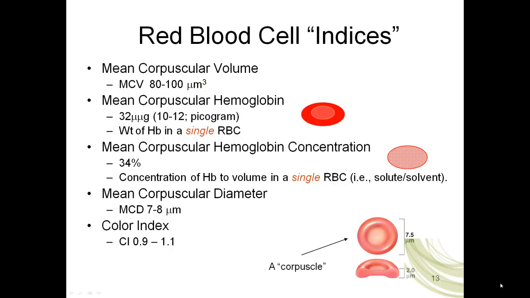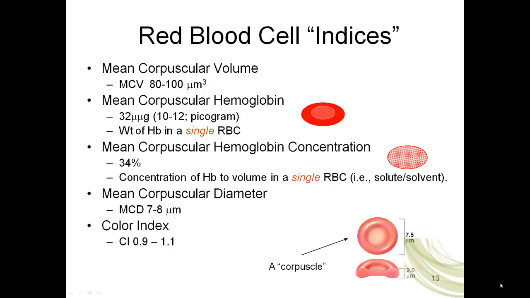Again, this is the ratio of the mass of hemoglobin compared to the total volume of a single red blood cell. Let me put it to you another way. Let's say we have about 100 students in our class. We don't, but let's just pretend we do. If I asked you, what is the ratio of women compared to this whole volume of our class?